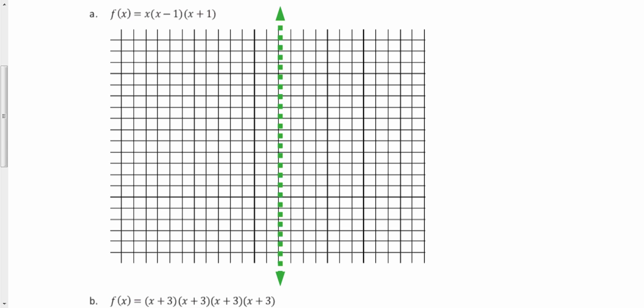There's the y-axis. There's the x-axis. And do this in red. 0, 1, and negative 1.